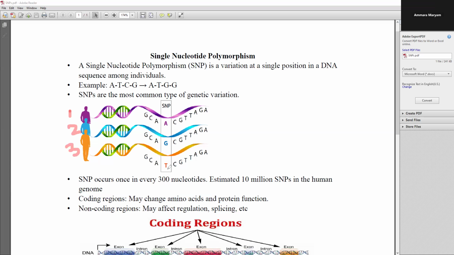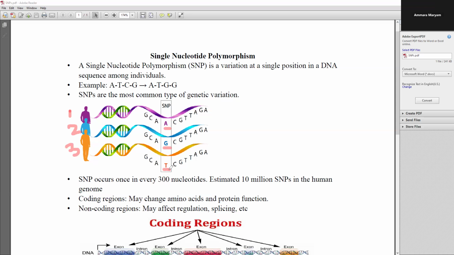What does that mean? When we talk about the same chromosomes of these individuals, at the same gene locus, at the same gene position, these three individuals carry different nucleotides. For example, this is carrying the A nucleotide, here it is carrying the G nucleotide, and here it is carrying the T nucleotide.